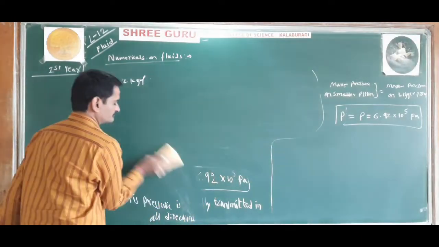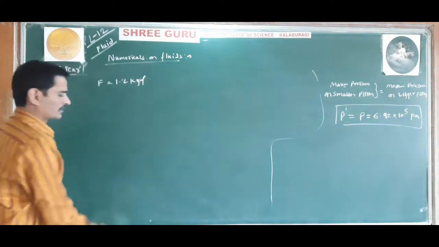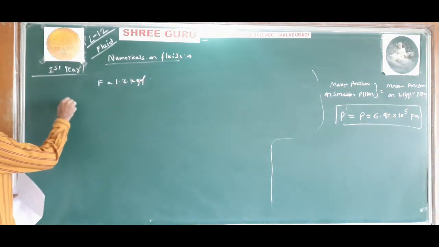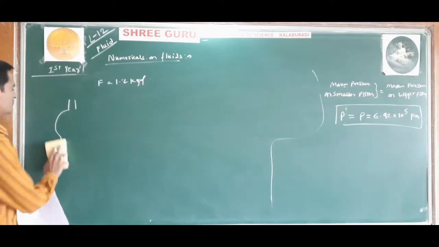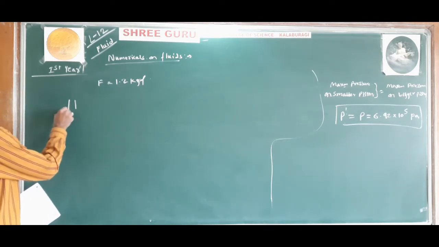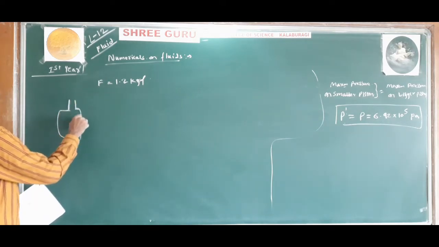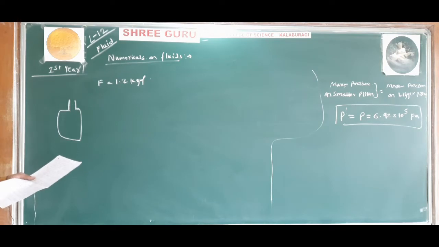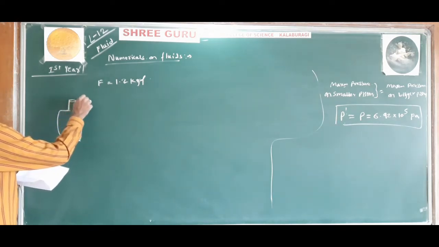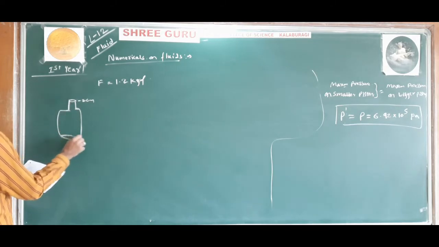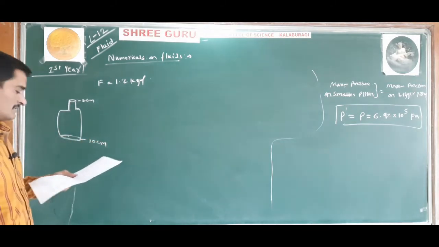What is given? See here, there is a bottle. So this bottle will be like this. Just for your understanding, I am drawing the diagram. Diagram is not required. So this is a bottle. The neck is 2 centimeter and the bottom is 10 centimeter in diameter.